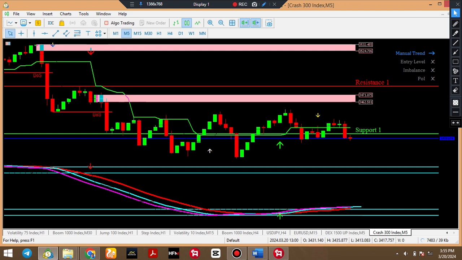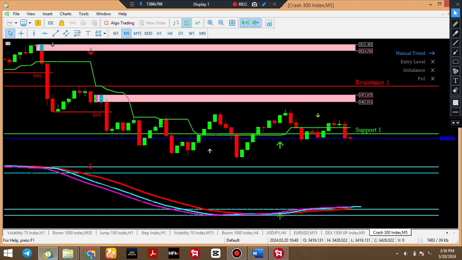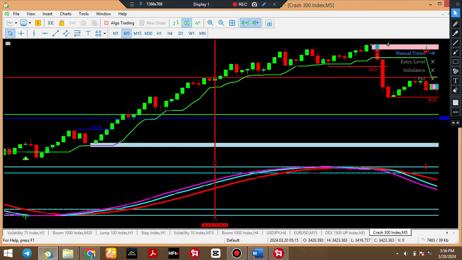Let's go back to 30 minutes. You see, I have put this arrow there at the point where we got this signal, right? So we come to 5 minutes and locate that arrow. This is the arrow. We can't take any buy because on 5 minutes we didn't get a buy alert. All we keep getting is sell.